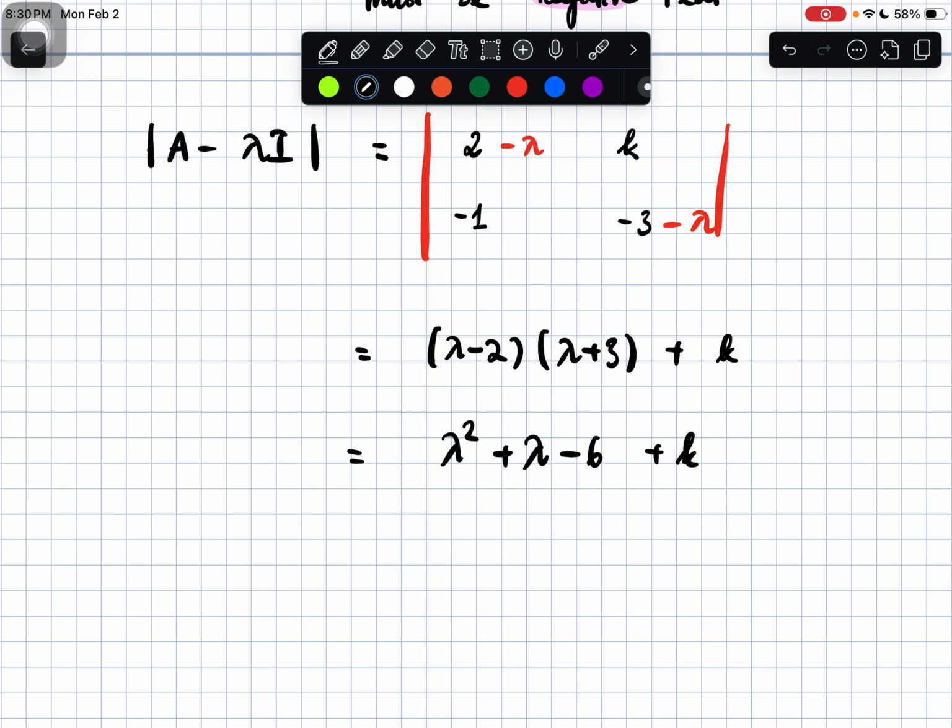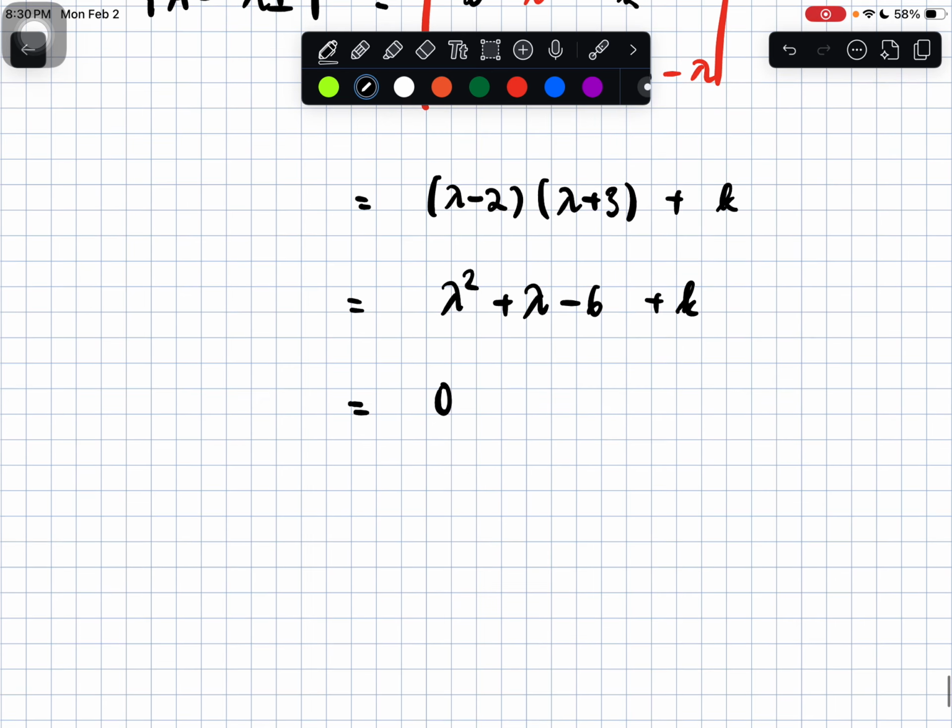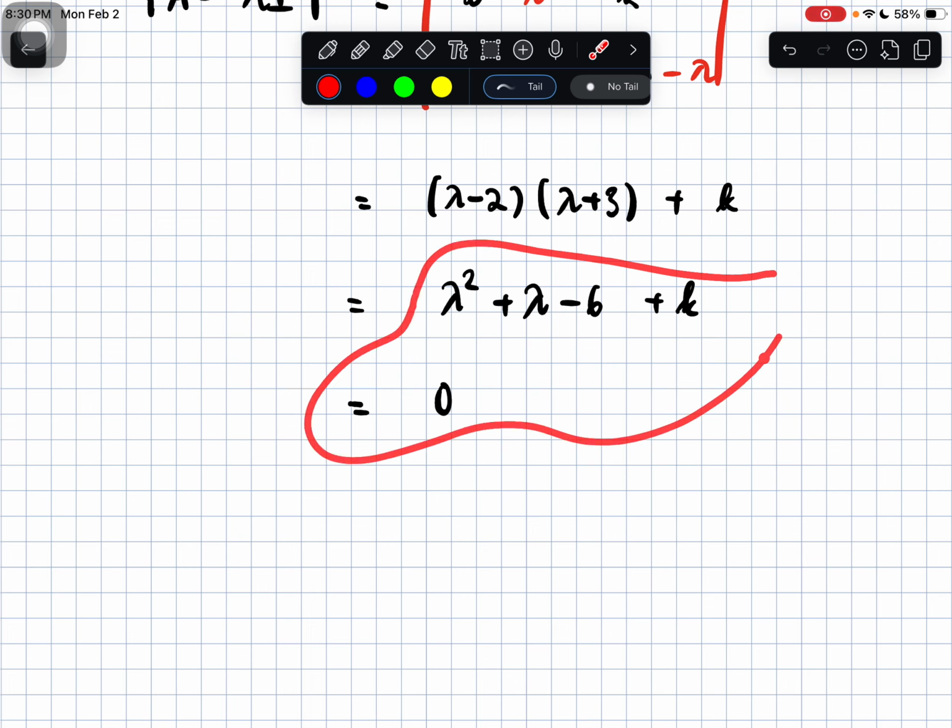This is equal to 0. So lambda satisfies this characteristic equation.